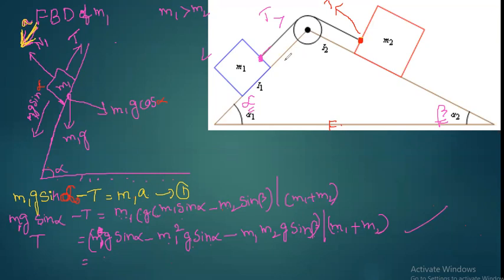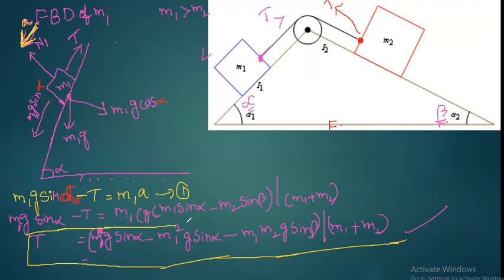Okay, let us take this as our T value. So what is our T? T is m1g sin alpha, don't confuse.